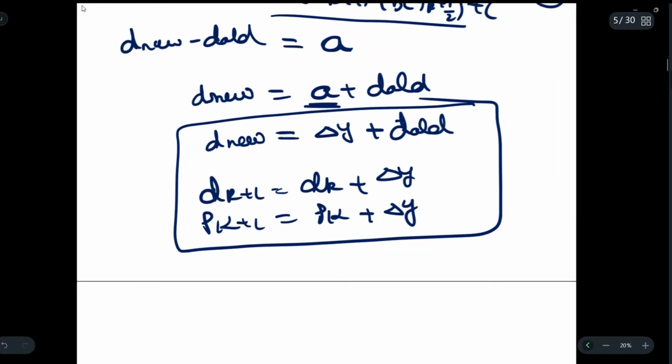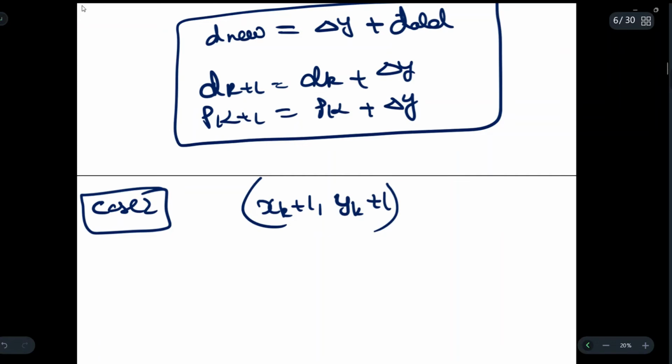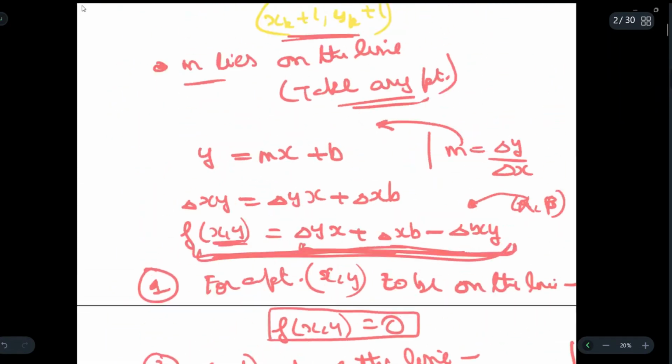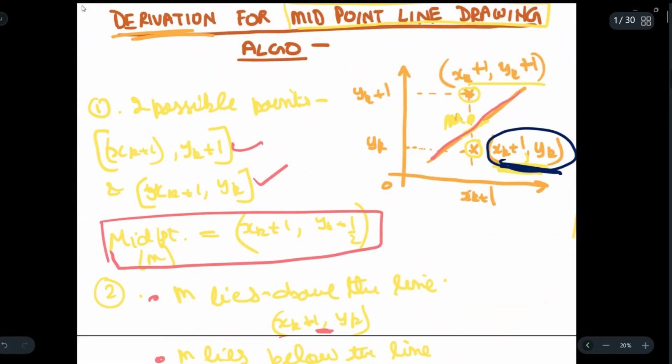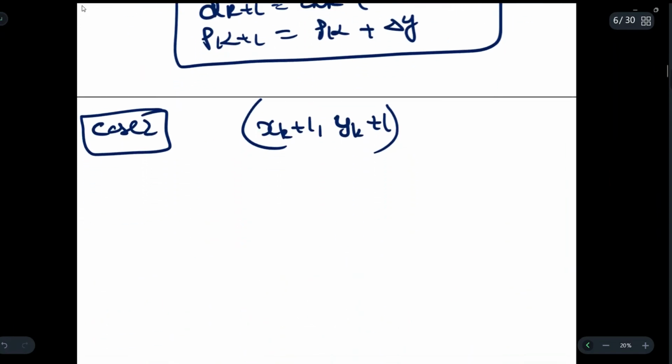So now let us come to case 2, when we are choosing the point (xk plus 1, yk plus 1). Let us see the figure again. Earlier we had chosen this point, now we are going to use this point, that is the one above the line. Now here we will find the value of d new first. That is, d new will be equal to f of (xk plus 2, yk plus 3 by 2).